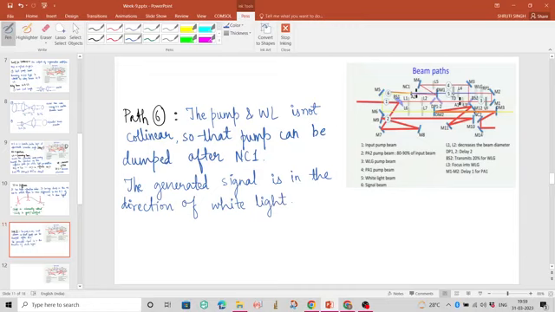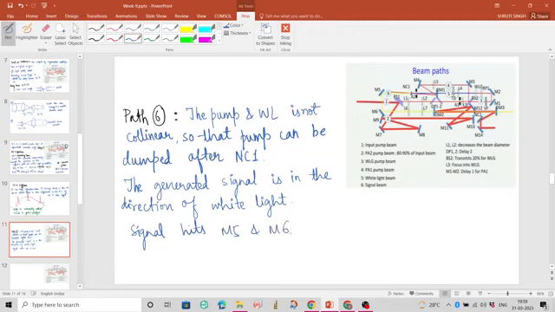So the next thing is this signal hits the mirrors M5 and M6 here.